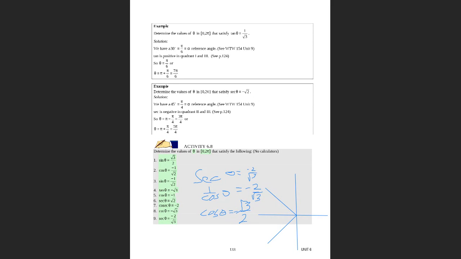And when you find cos inverse of root 3 over 2, we are going to get pi over 6. So pi over 6 here will be pi minus pi over 6.